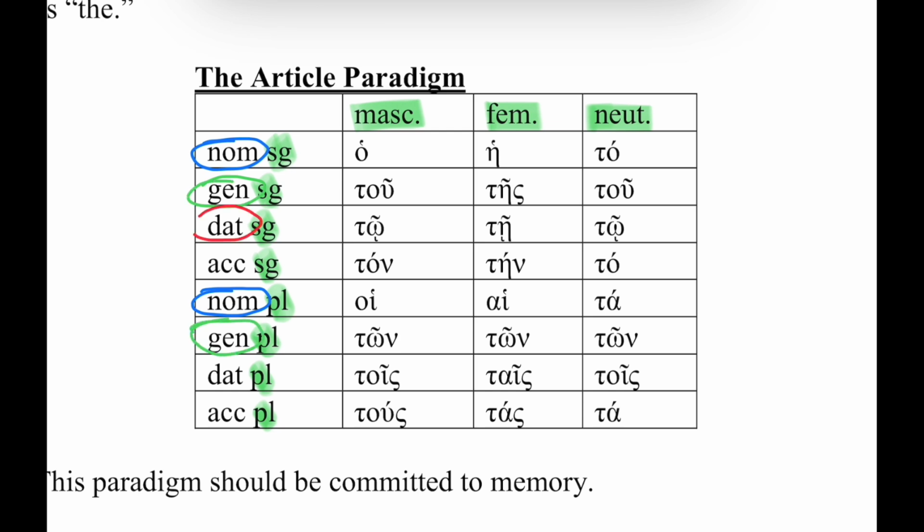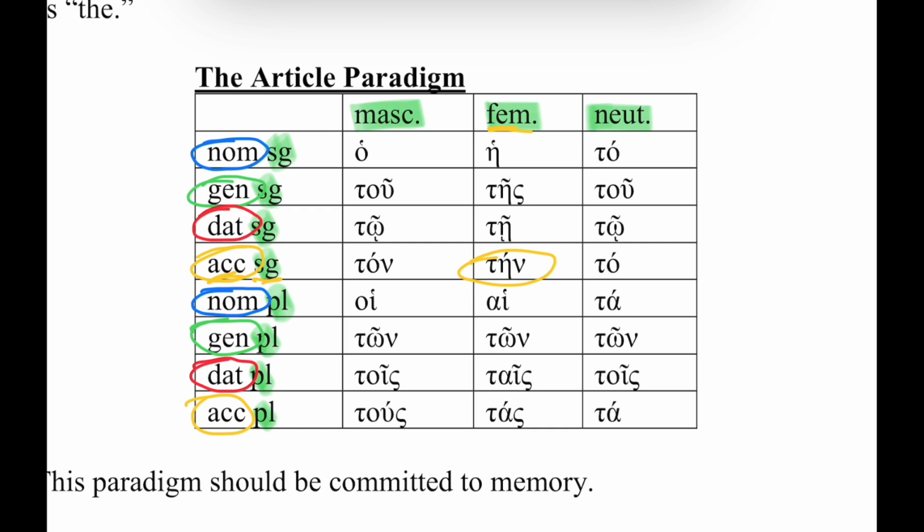There is dative, and then there are the accusatives. So you can read across here. So if, for example, you wanted to say, okay, I am looking for the feminine accusative singular, you'd look for, okay, feminine, I see accusative, and I see singular, so I see tain.